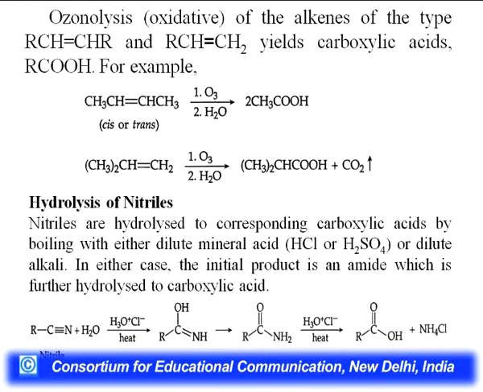These are the dilute mineral acid or dilute alkali. In either case the initial product is an amide, which is further hydrolyzed to carboxylic acid. You can see in the reaction how nitrile is first converted to amide and then carboxylic acid after hydrolysis.